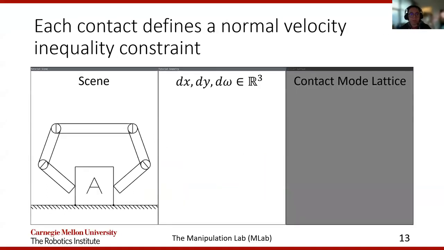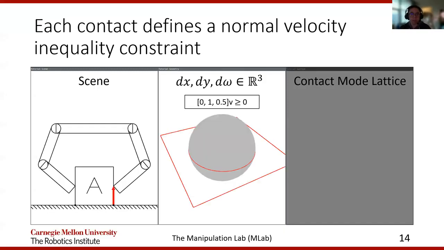We'll talk a bit about our contributions towards understanding contact modes in terms of their geometry. When it comes to a particular contact, each contact defines a normal velocity inequality constraint. For instance, this contact on the right states that under the rigid body assumption, we cannot be penetrating. So this contact point cannot be moving into the ground.